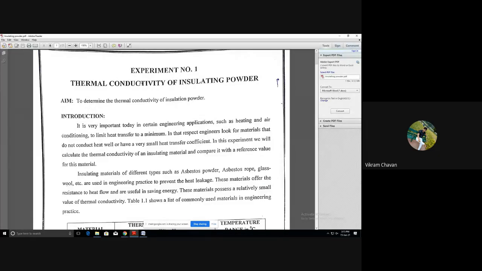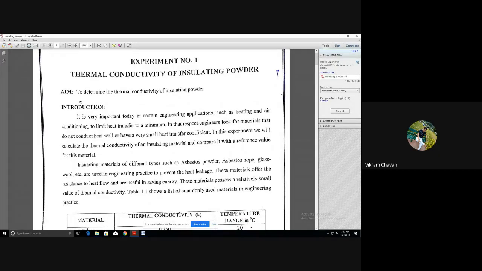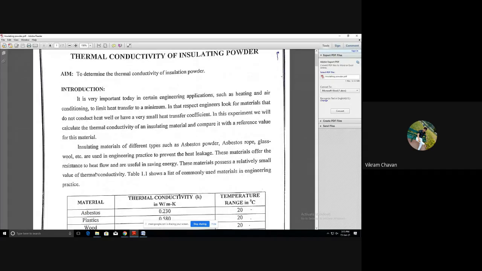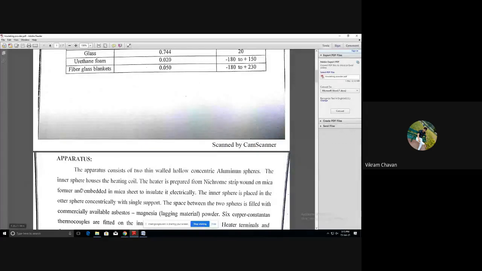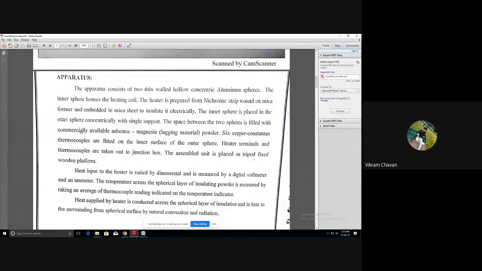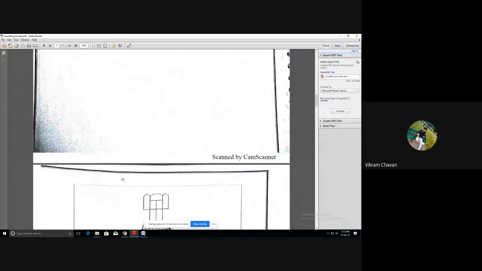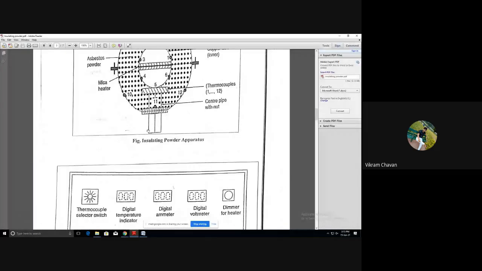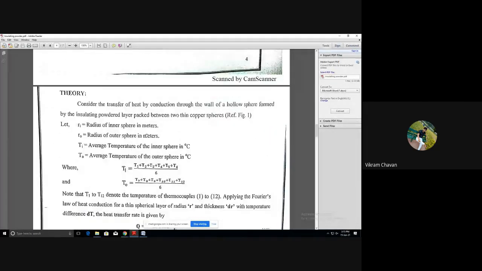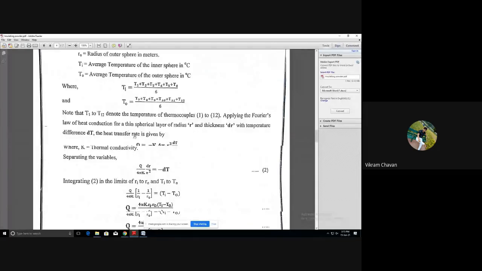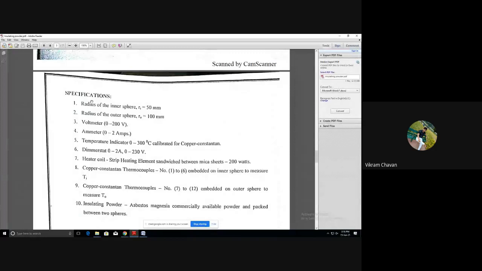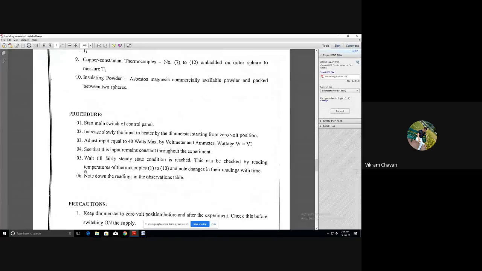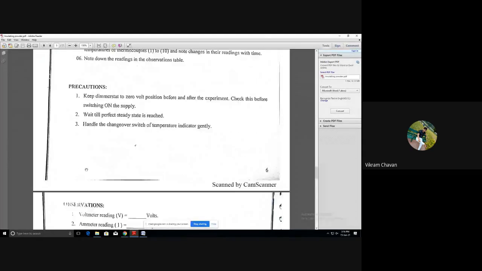Experiment number 1: provide the heading, aim, then write the introduction part, then draw this table. No need to write the apparatus. Then draw the diagram. You can neglect the theory part. Write the specification, these 10 specifications. Then neglect procedure and precautions.